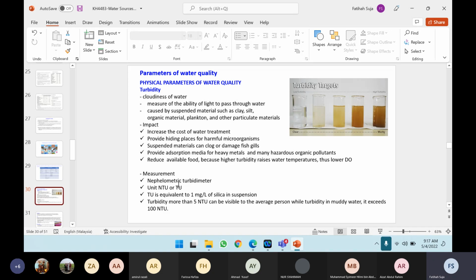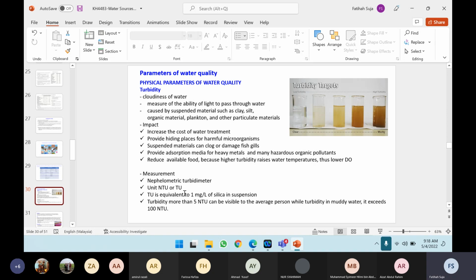Okay, so the measurement is using a nephelometric turbidity meter. Usually the unit is NTU or TU. One TU is equivalent to 1 milligram per liter of silica in suspension. Okay, if you have a sample of water, you can guess the turbidity value of the sample by looking at it.